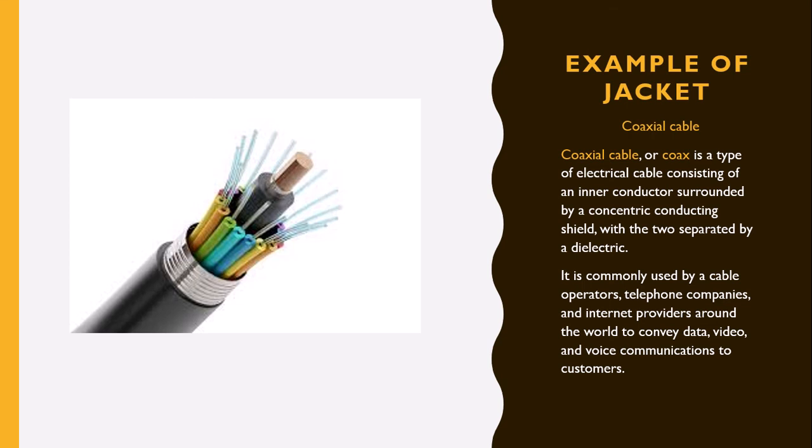It is commonly used by cable operators, telephone companies, and internet providers around the world to convey data, video, and voice communications to customers. It has the jacket, the core, the cladding, the coating, and the strength member.